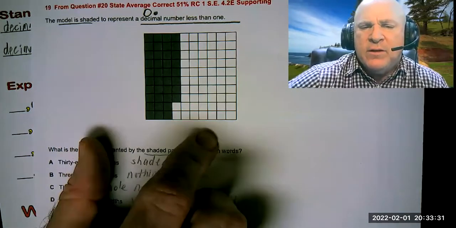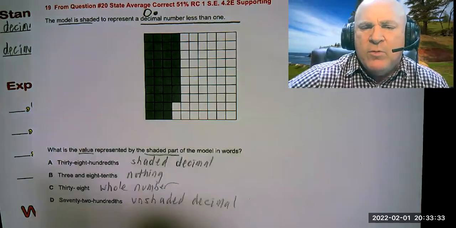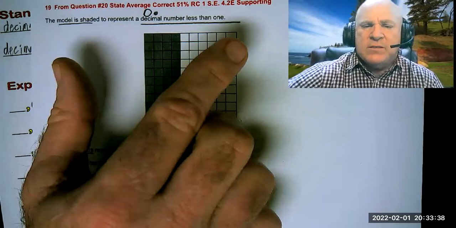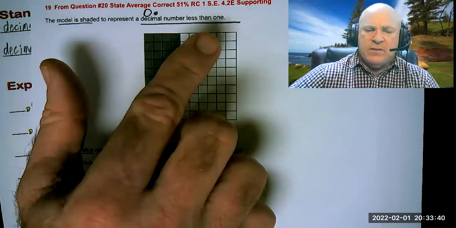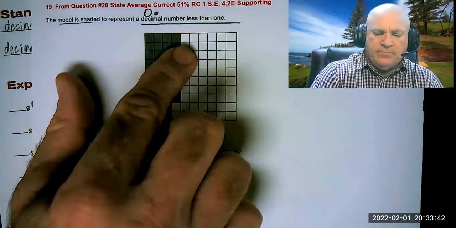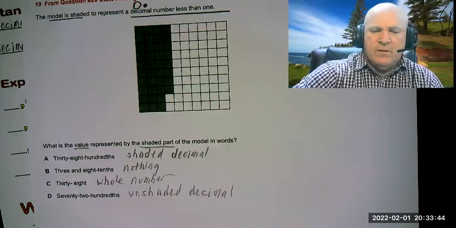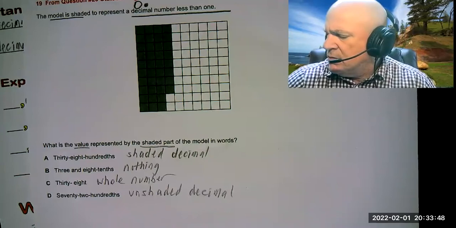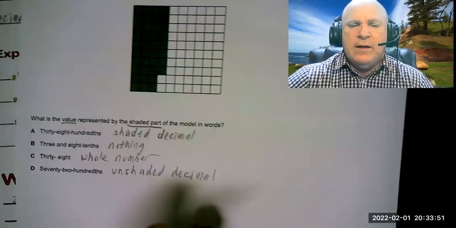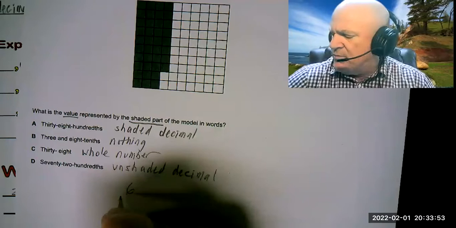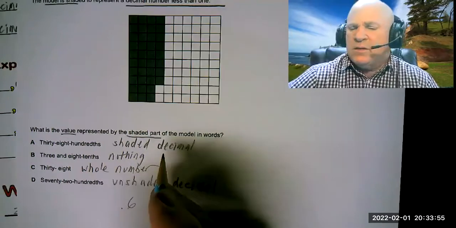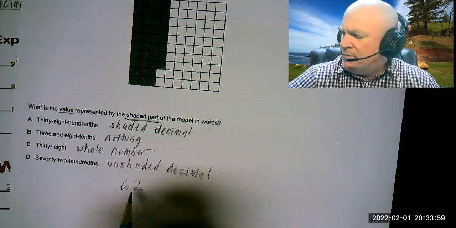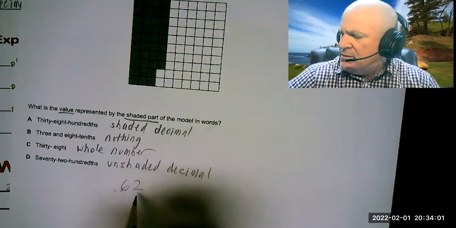It would be very close, but it's still off by 1. 1, 2, 3, 4, 5, 6 tenths. Okay. 6 tenths and 2 hundredths. So it would be 62 hundredths, or 0 and 62 hundredths.